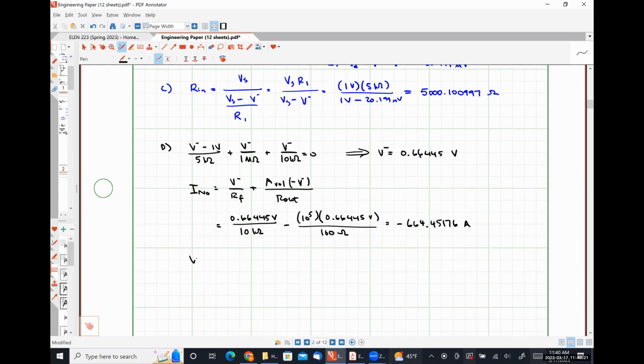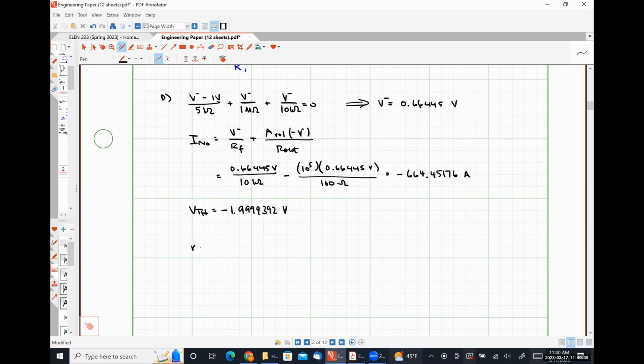Our Thevenin voltage, just to repeat things here, was negative 1.9999392 volts, which we got by determining V out for our first condition where the output terminals were open circuited.